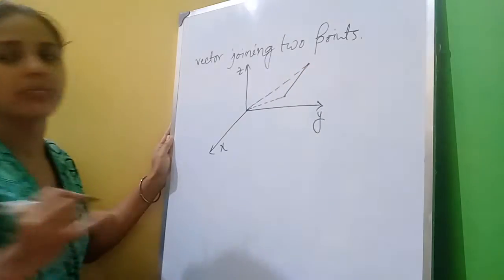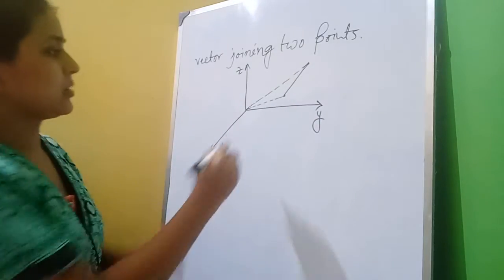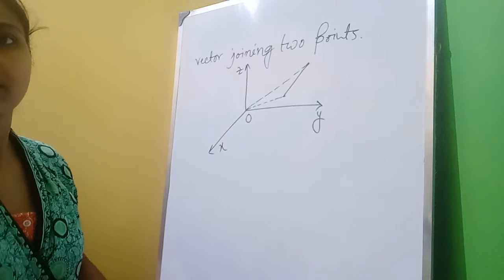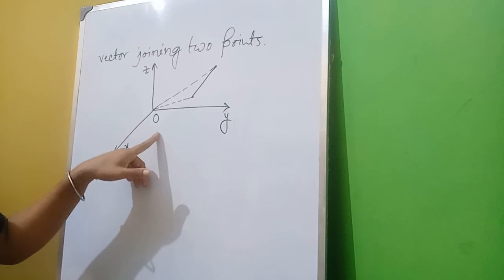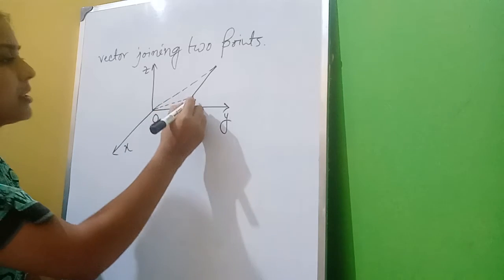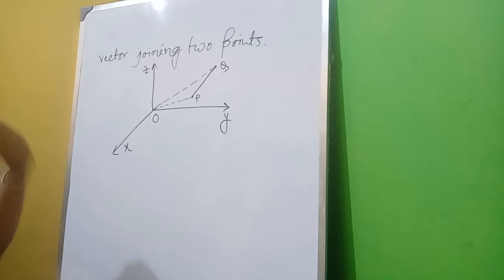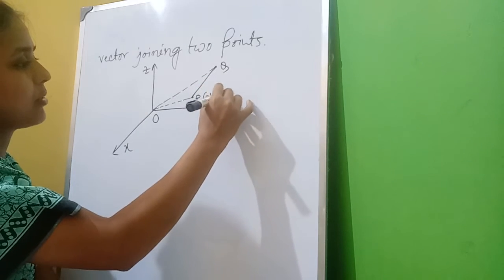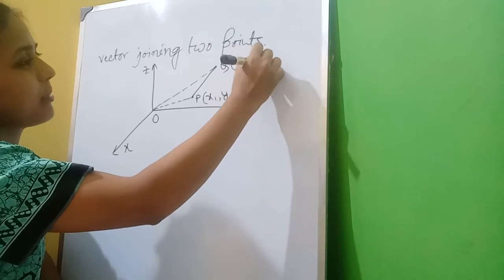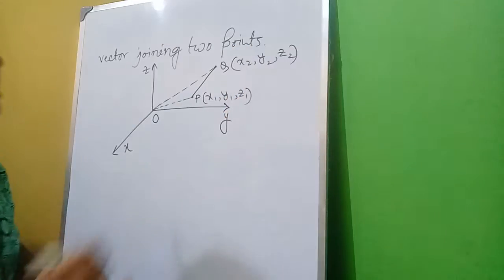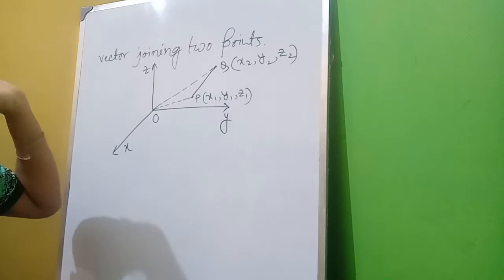This is O. Suppose this is P and this is Q. P I am taking as x1, y1, z1 and Q as x2, y2, z2. These are the two given coordinates.